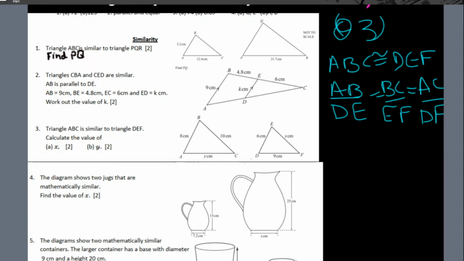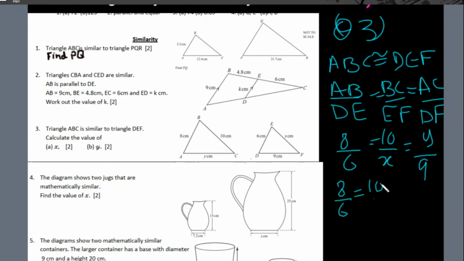So AB is 8, DE is 6 equals BC is 10 over EF is X, and AC is Y, and DF is 9. So we need values of X and Y.